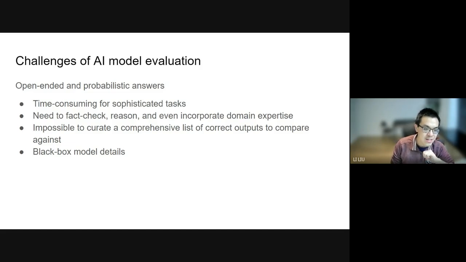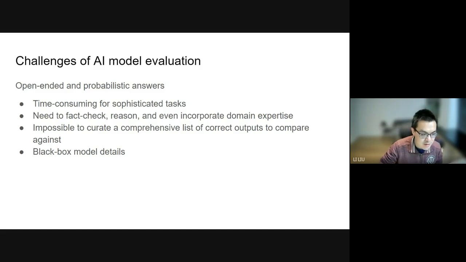The next reason is that it's impossible to create a comprehensive list of correct outputs to compare against. In a classification model, we usually just have some defined target values. But here, it's very difficult to know all the possible outcomes from the model. Even though sometimes we can put into the prompt that the output should be in a certain format, there's still no guarantee that the model response only has these listed outputs.